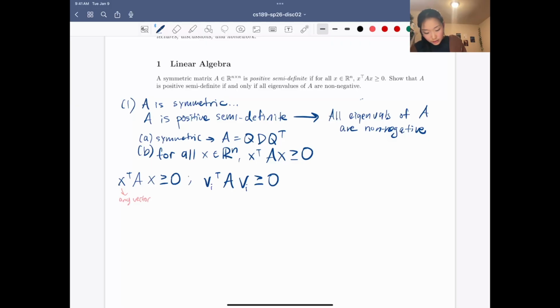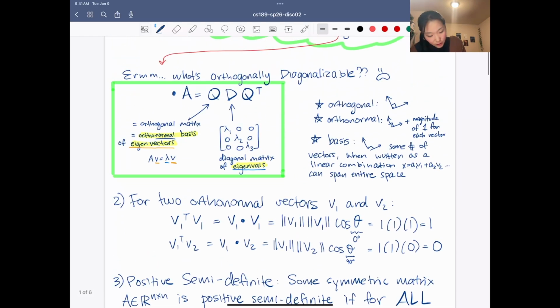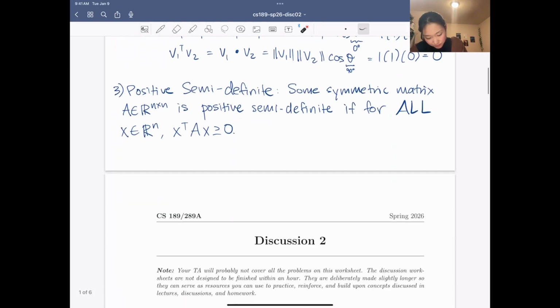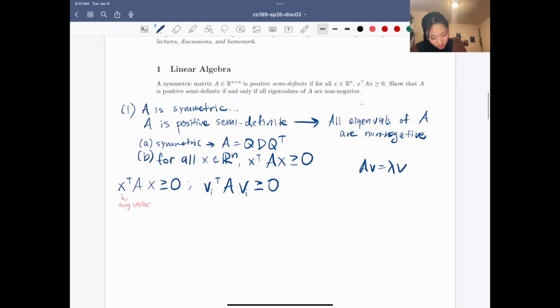Okay, and so remember what an eigenvector actually is. An eigenvector satisfies A V equals lambda V. Recall we had that over here if you forgot. And so notice how we very conveniently have an A V_i right over there. And so we can replace this entire thing by V_i transpose times lambda V_i is greater than or equal to 0.